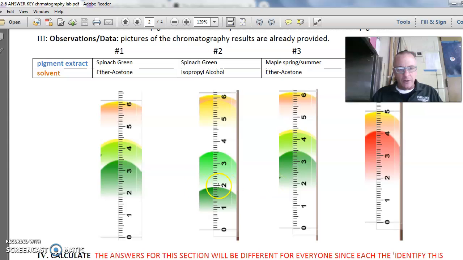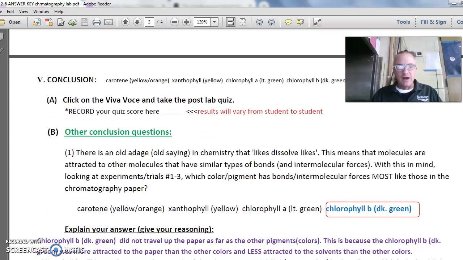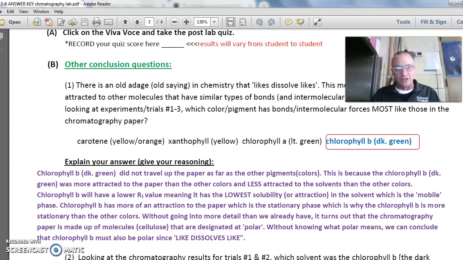Well, if we look up here, the dark green in trial 1, the dark green in trial 2, and the dark green in trial 3 does not go up the paper as far as the other colors. So that means that that color is the one that is most attracted to the paper. So they must have similar types of attractive intermolecular forces.